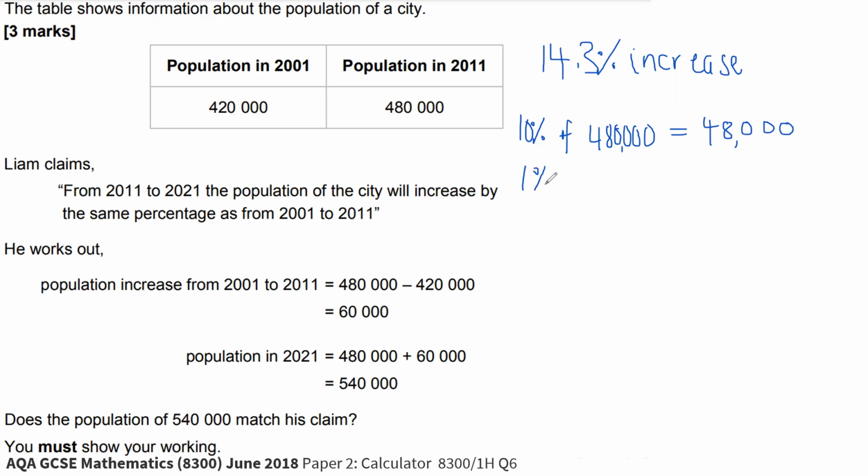Okay. So that will give us the 10%, but we also need to work out the remaining 4.3%. So next we'll find 1%. And hopefully again you remember that finding 1% is pretty straightforward, very similar to finding 10%, but this time we're going to divide it by 100. So if we divide this by 100, we're going to get 4,800.